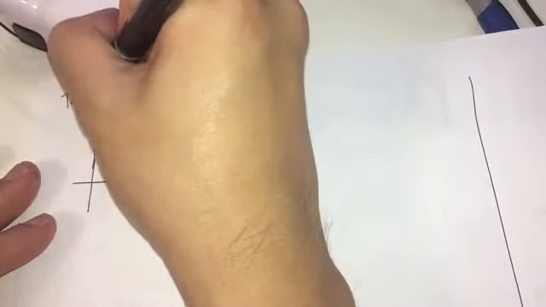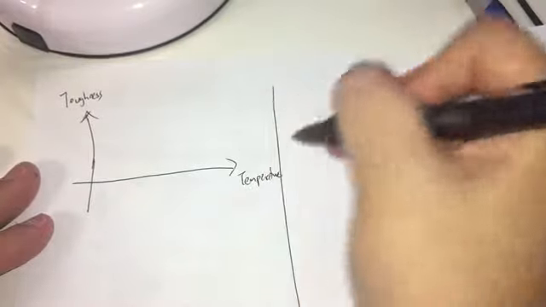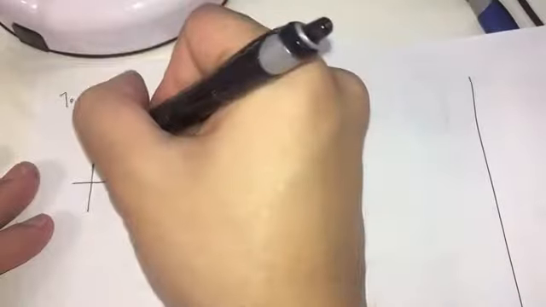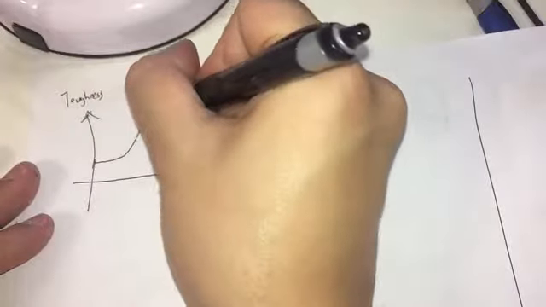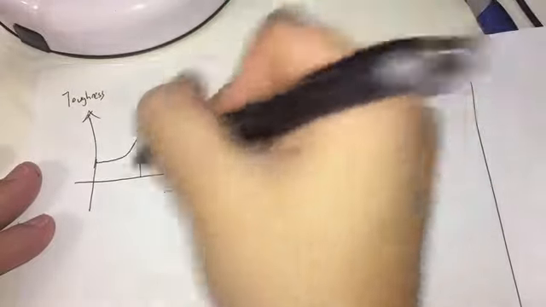So how does it look on the graph? Okay, let's say we have a graph here of toughness versus temperature. If this is the original curve, somewhere here is a ductile to brittle transition temperature.